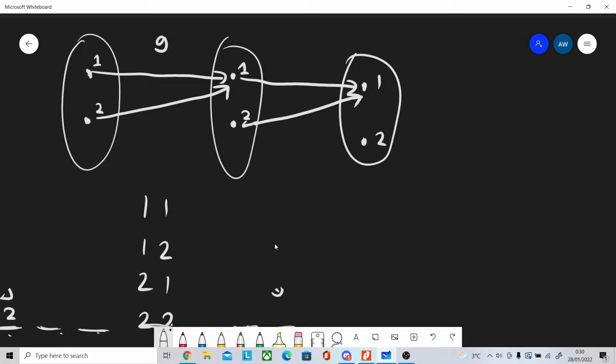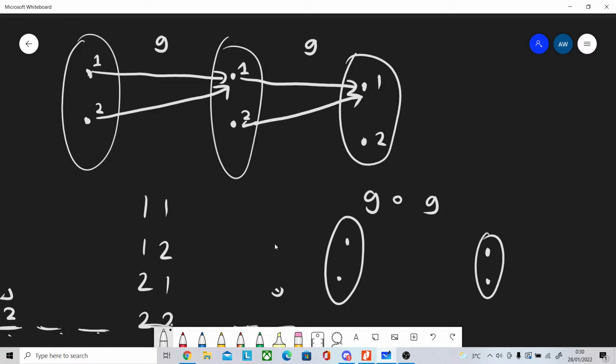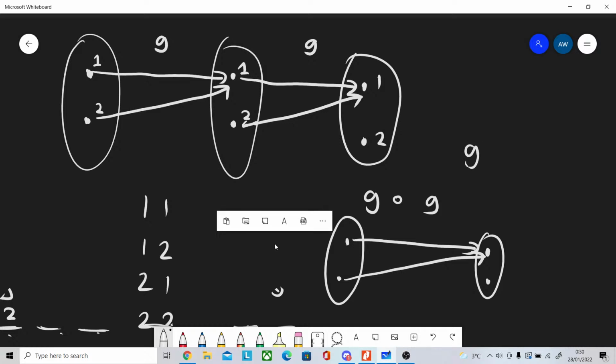This is the map G, this is the map G. So if we take G circ G, this point goes to here, and this point, following the line, goes to here as well. So G circ G is the same thing as G, because G goes from here and here, and G circ G also goes from here and here. So G is equal to G circ G. We can put a check mark there.